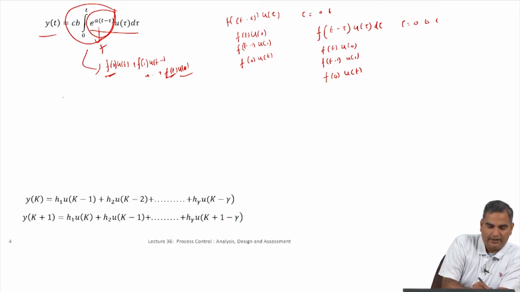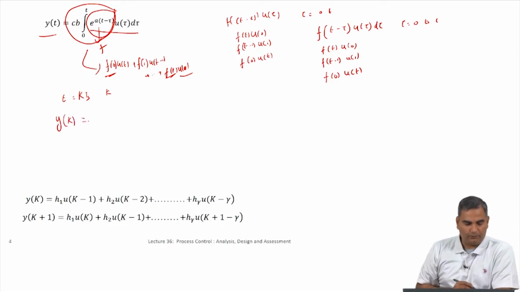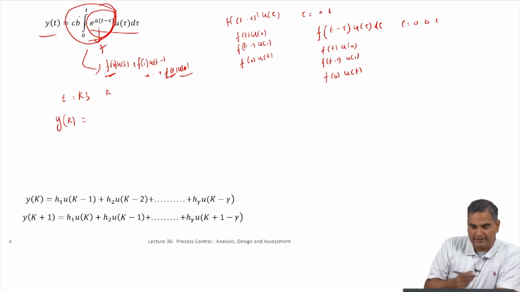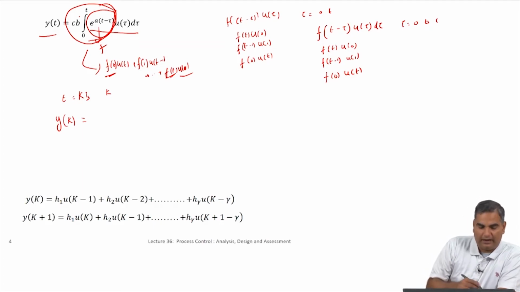Okay. So, if you think about this in a discrete form, let us say I look at t equal to kTs, which I am going to simply write as k. In a discrete form, I am going to convert this f function that I talked about into h, and this h is called the impulse response model, which we will describe.